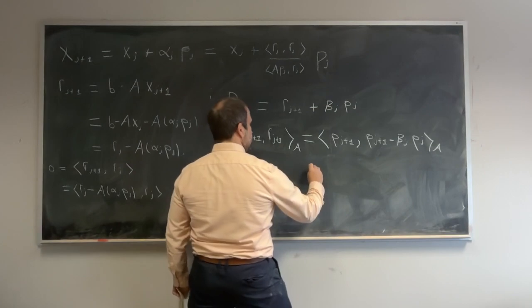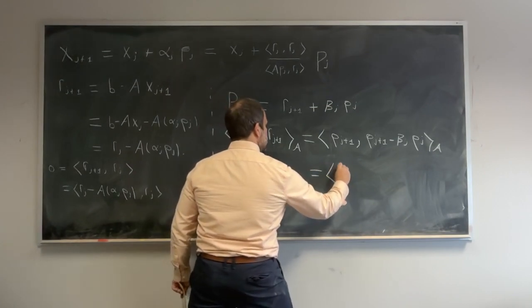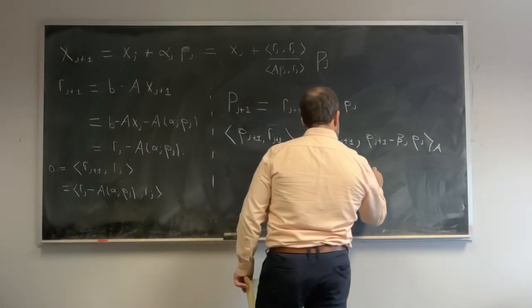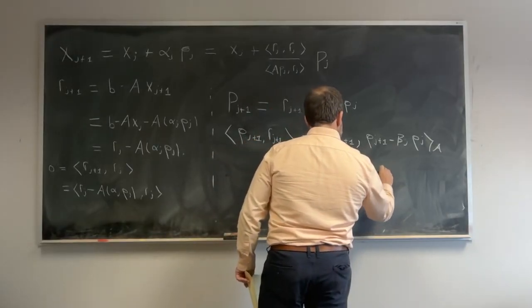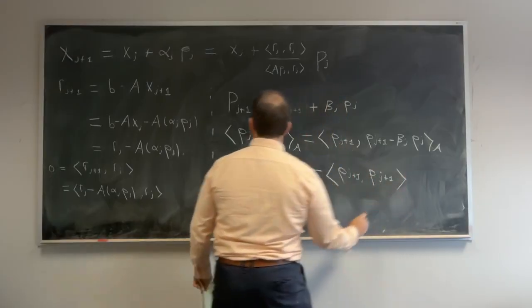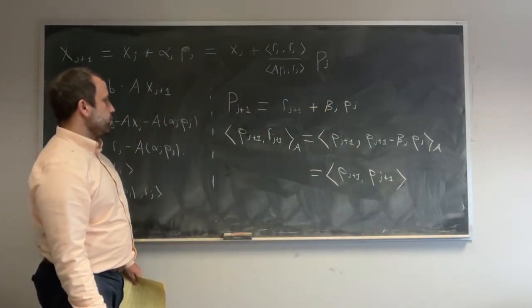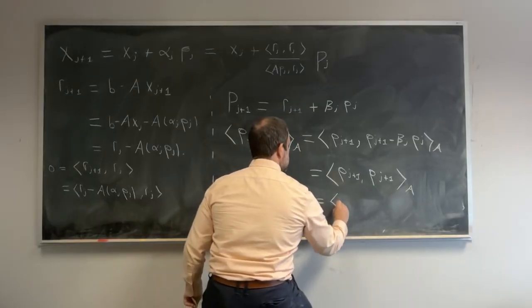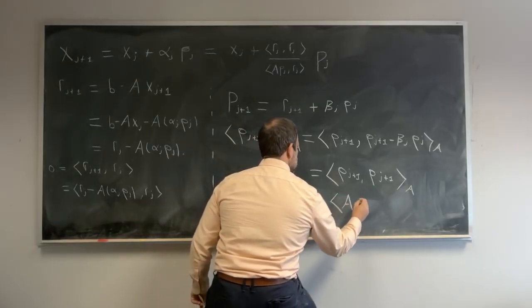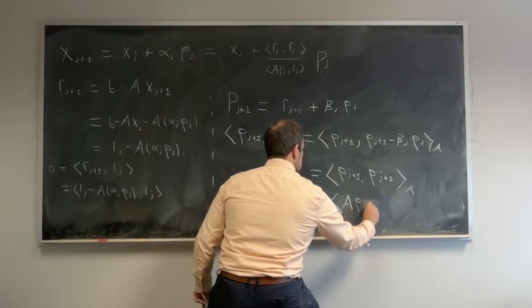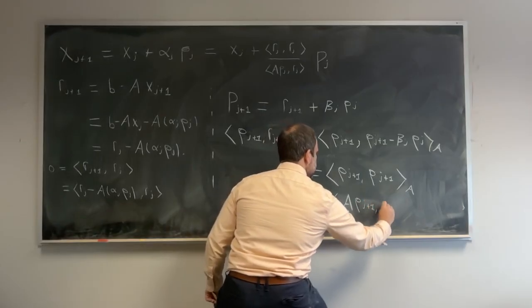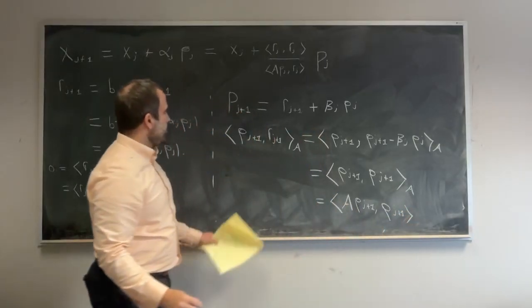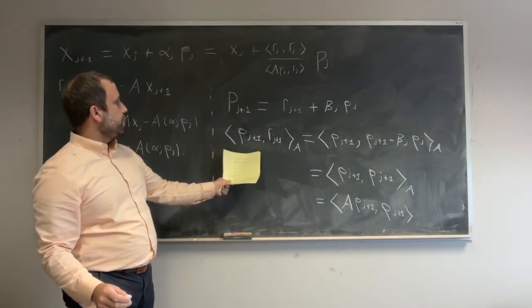And so what we're left with is simply p_{j+1}, p_{j+1} in the A inner product, or by definition this is just A p_{j+1}, p_{j+1}.